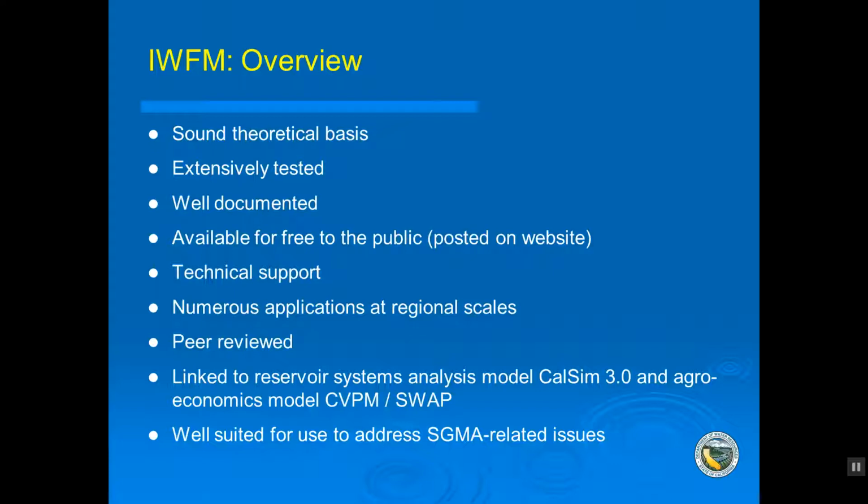We also try to write peer-reviewed papers as much as possible, when the opportunity comes, so we get some peer review backing for the code. And it's linked to reservoir system analysis models such as CalSim and agroeconomic models such as CVPM and SWAP. We think that it's well suited for SGMA related issues.